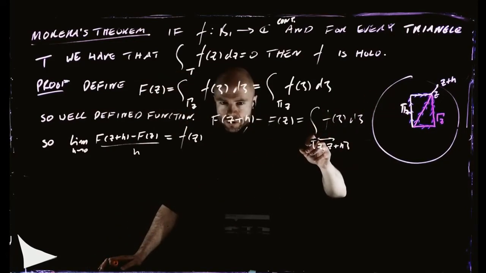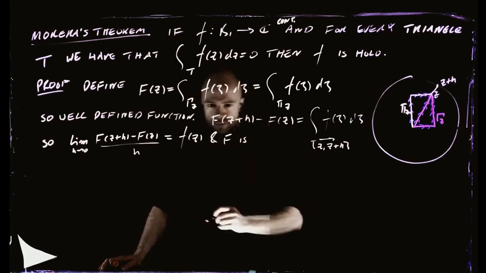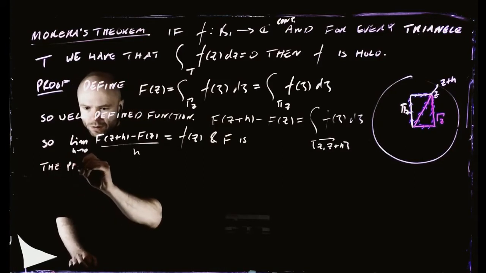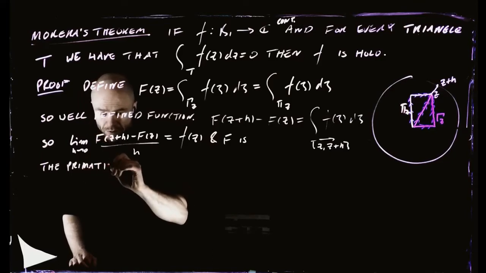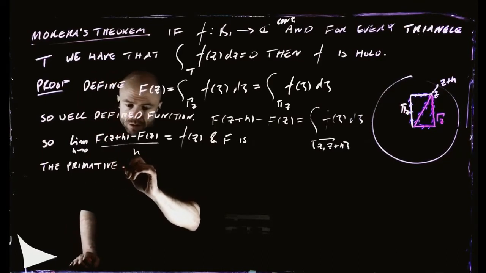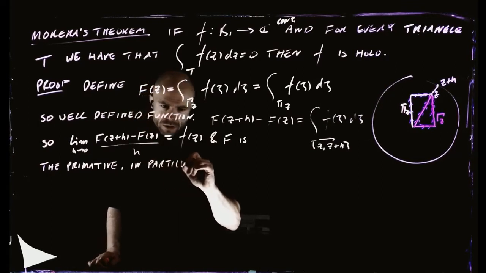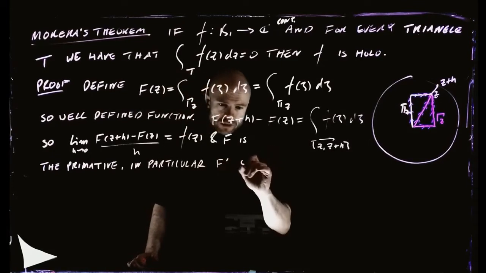It's very straightforward. So actually, capital F is the primitive. And the only thing we need about this primitive is just that capital F prime exists.